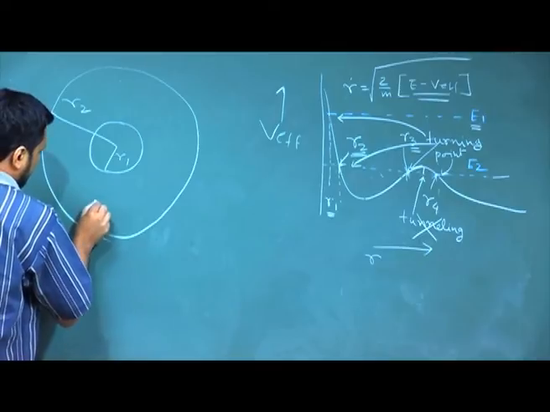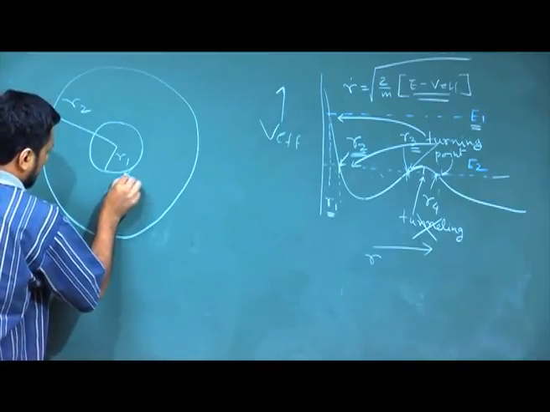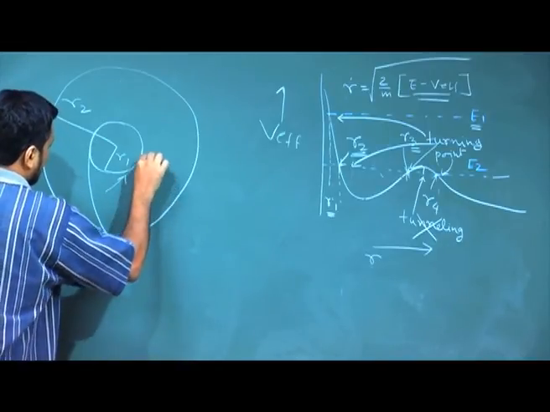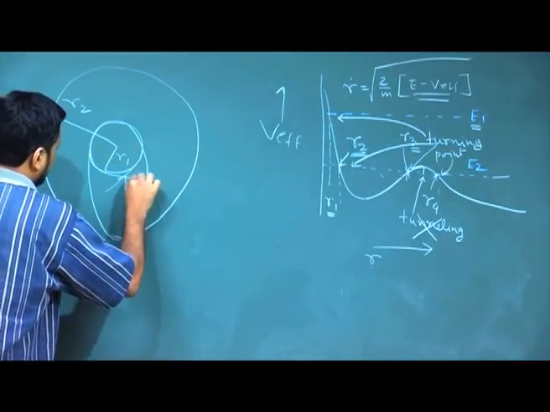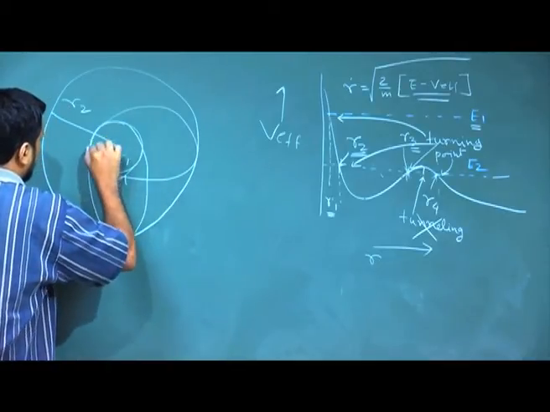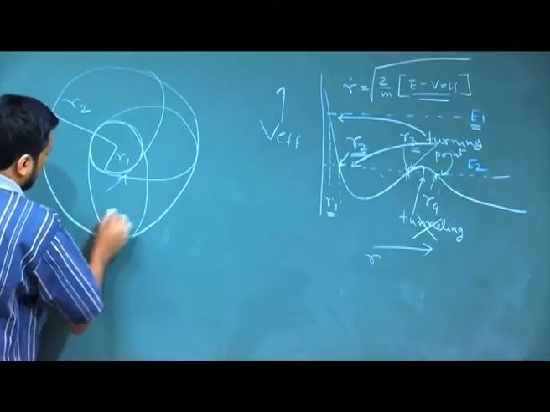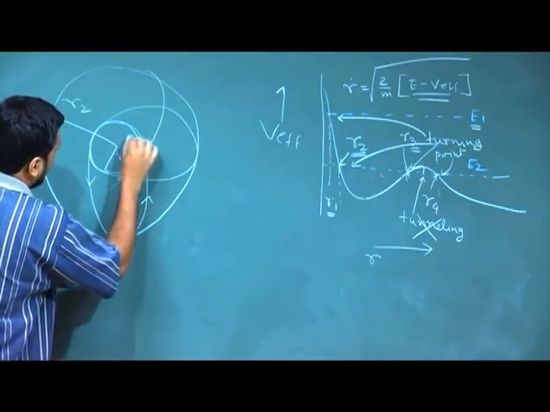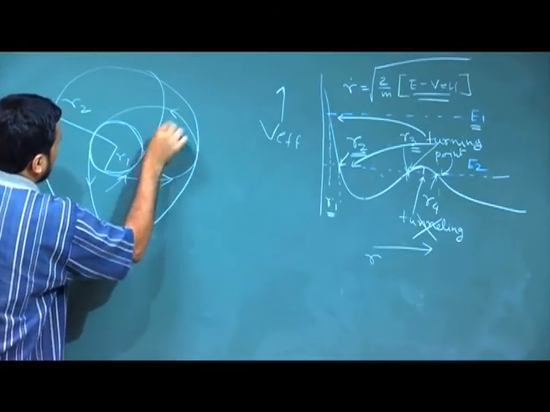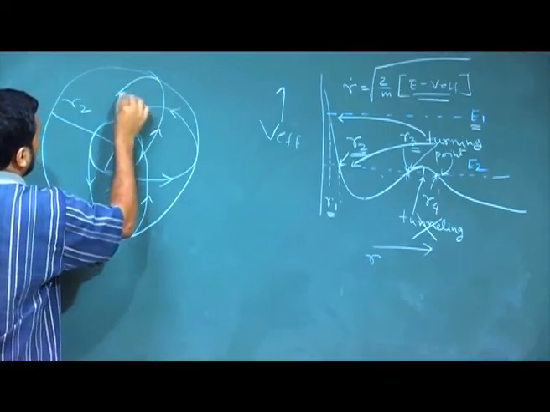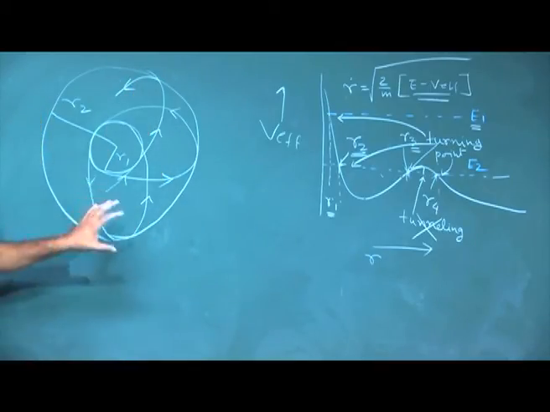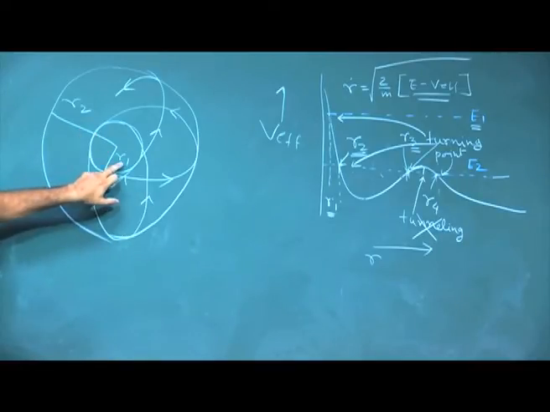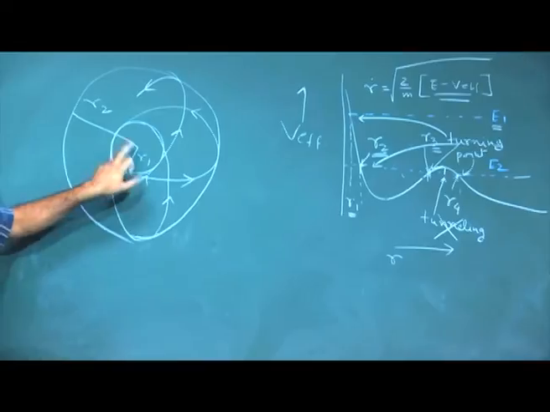If the particle goes like this, then it comes back like this, goes like this, comes back like this. So, essentially the motion is confined between two circles of radius R1 and R2.